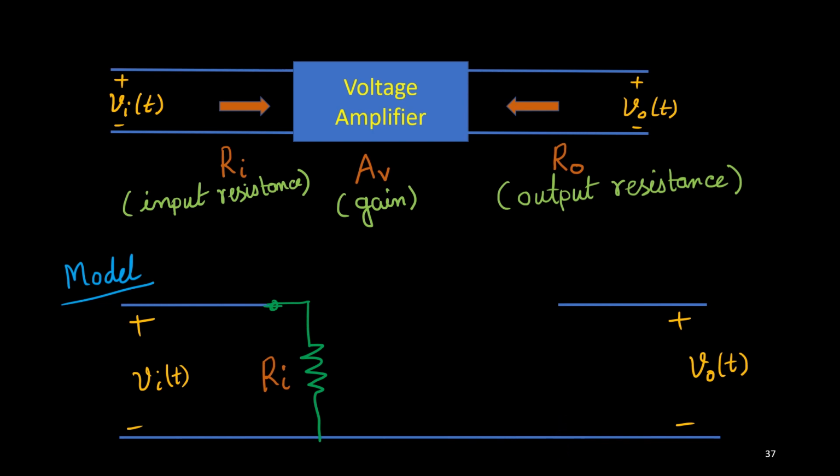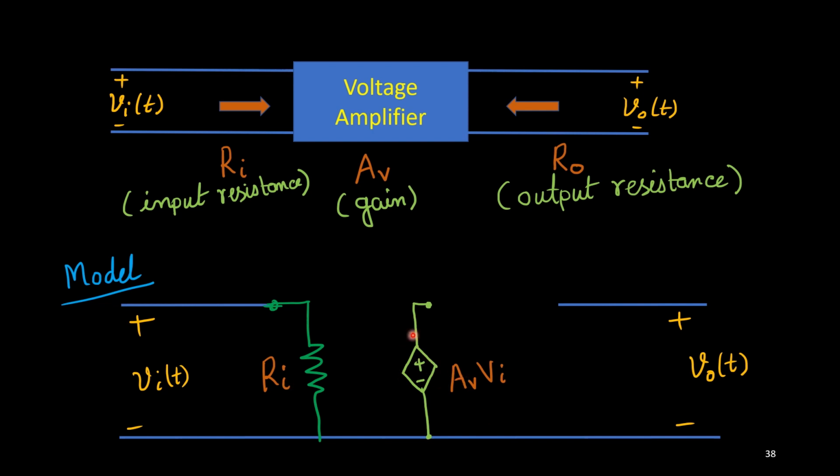And then as this amplifier will offer one voltage gain AV, whatever voltage appears across this input RI, here we are going to get AV times VI. So I need to consider one dependent voltage source which depends on the voltage level across the RI. So we will consider a voltage dependent voltage source here.